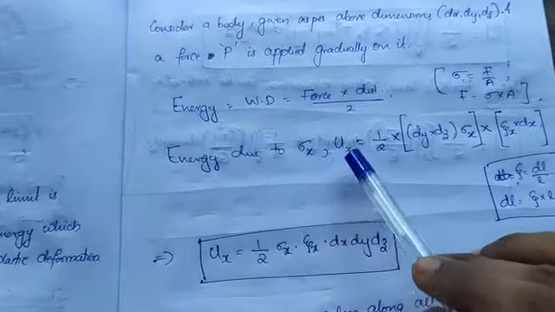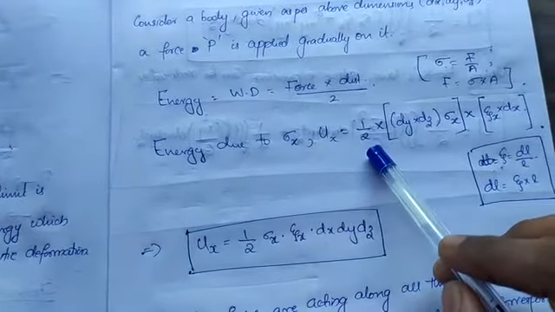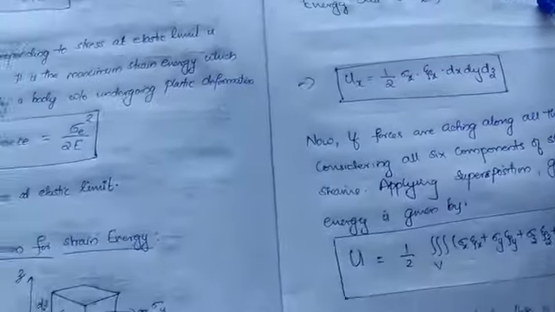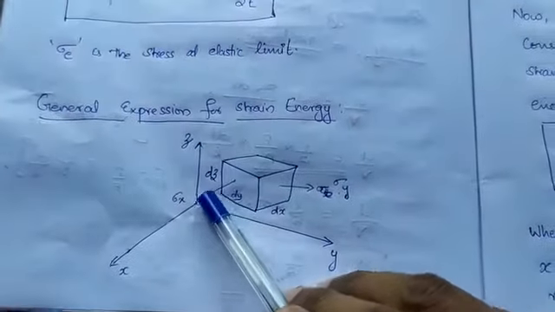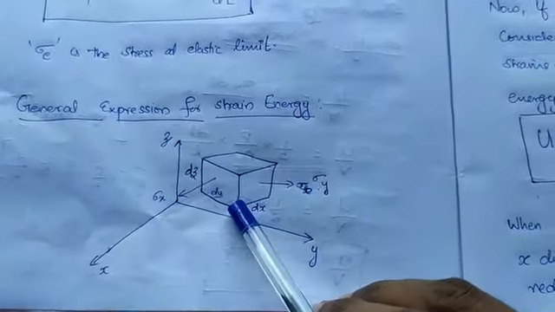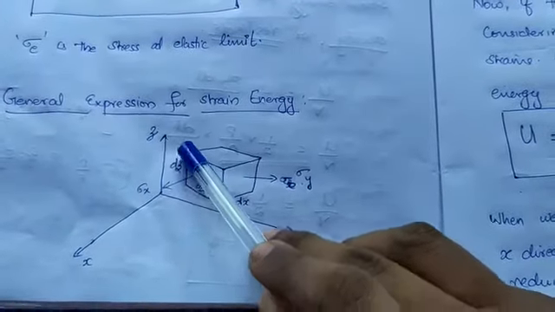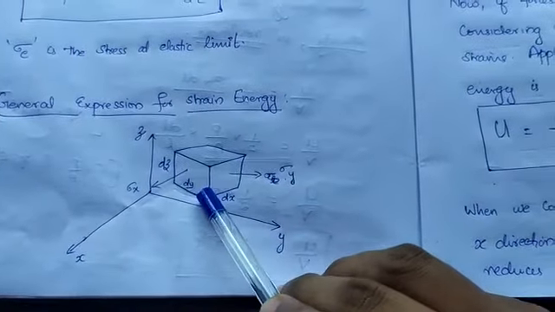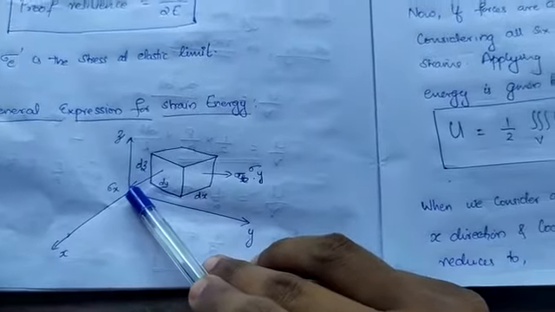The energy due to that will be Ux equal to half into dy into dz, that means the area, since sigma x is acting along this area dy into dz. Area into sigma x is nothing but force.